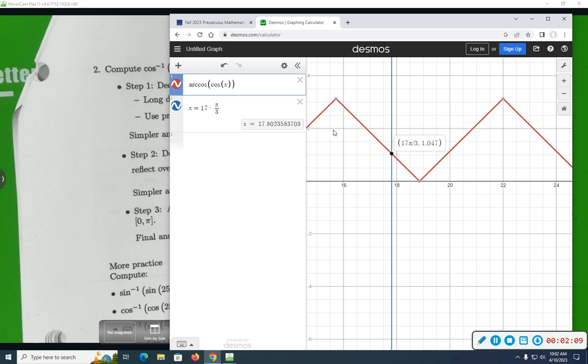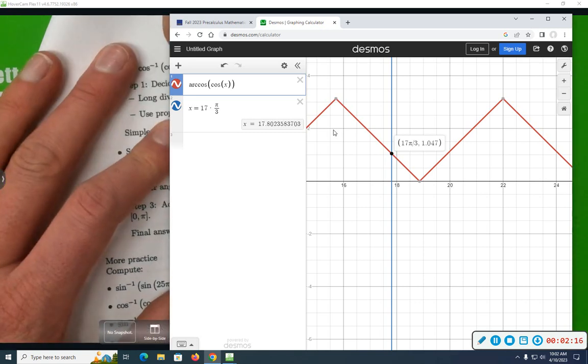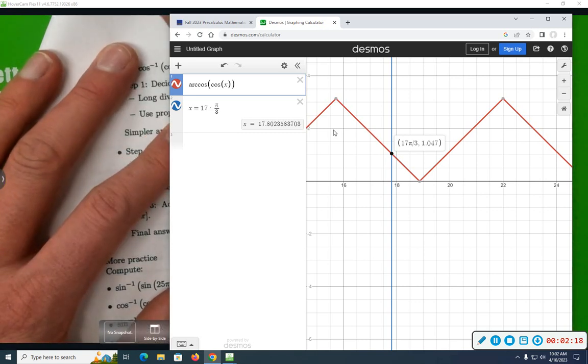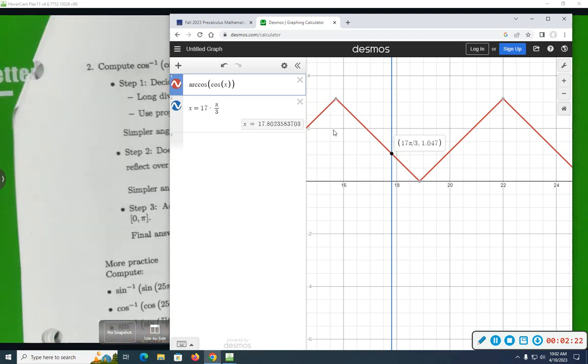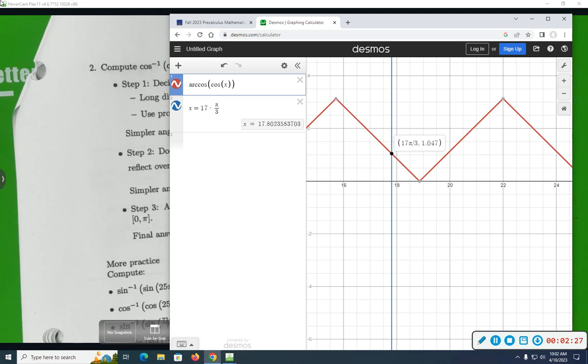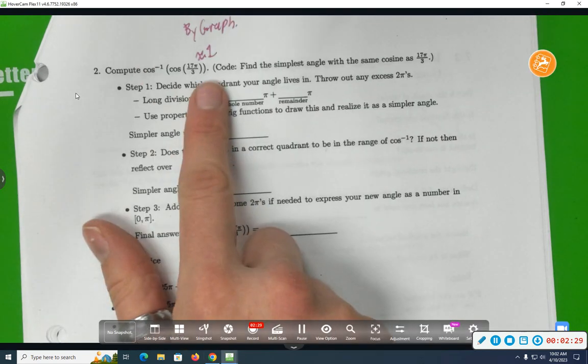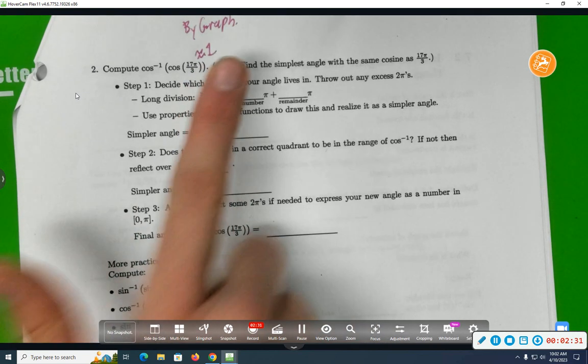About 1.7 and change? Oh yeah, about 1. I would round that to 1. By graphing, it's about 1.